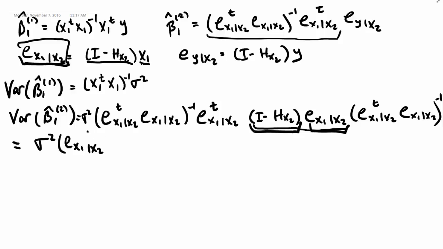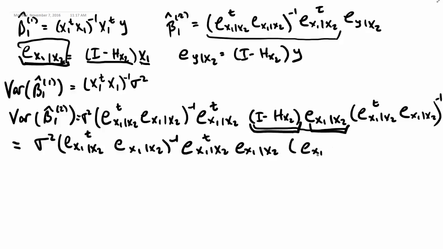Okay, so there's this term inverse, then e X1 given X2 transpose e X1 given X2, e X1 given X2 transpose, and I hope you see where I'm going with this.